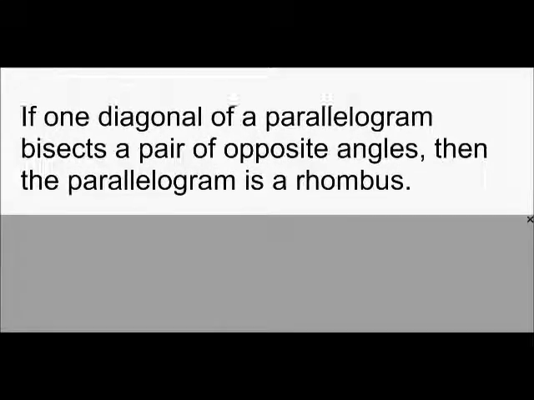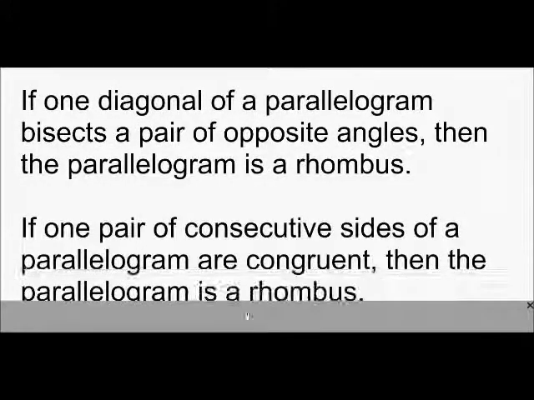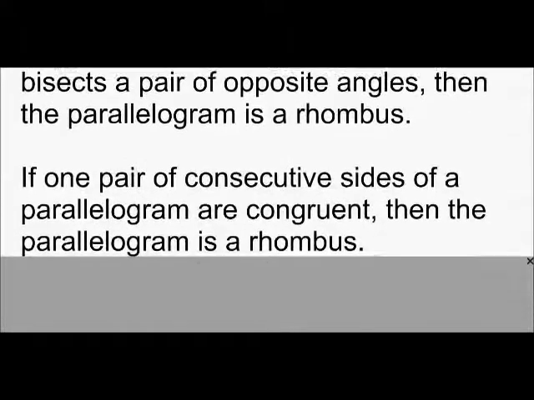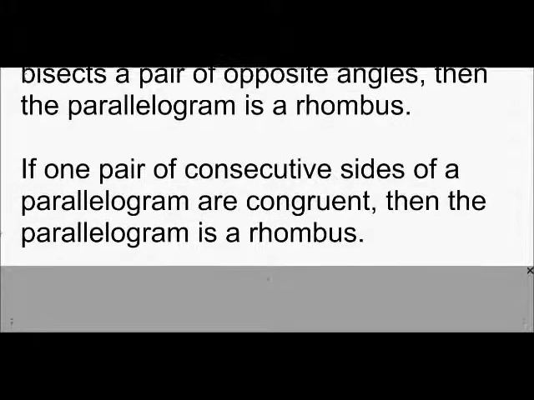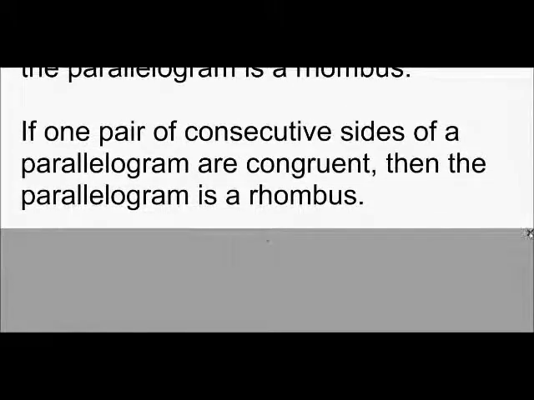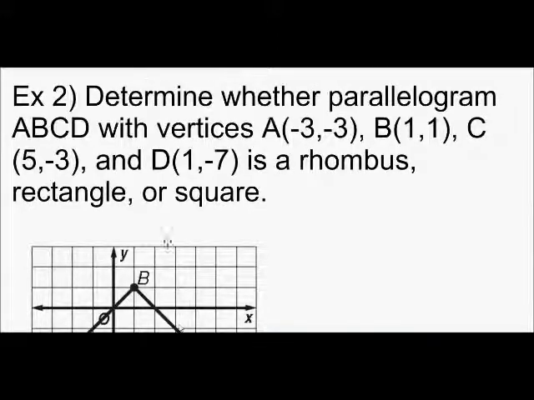So if your opposite angles are bisected, you have a rhombus. And if one pair of consecutive sides of a parallelogram are congruent, then you have a rhombus. So not just opposite, but also consecutive sides. And if a quadrilateral is both a rectangle and a rhombus, then it is a square. Okay, so keep these things in mind while we look at example 2.